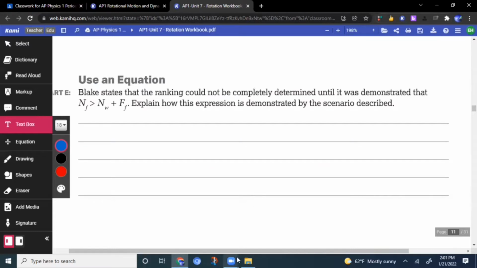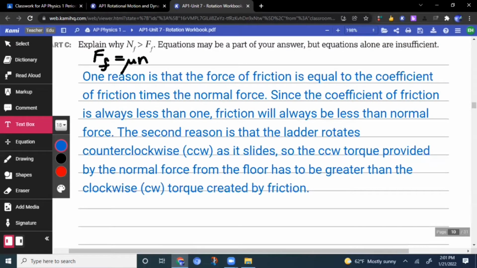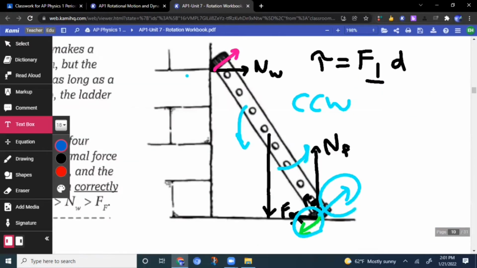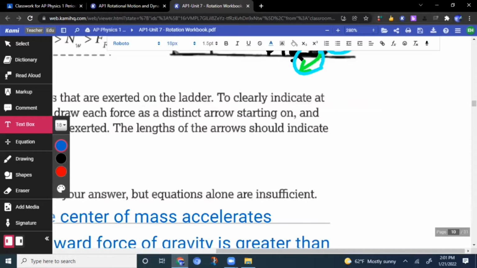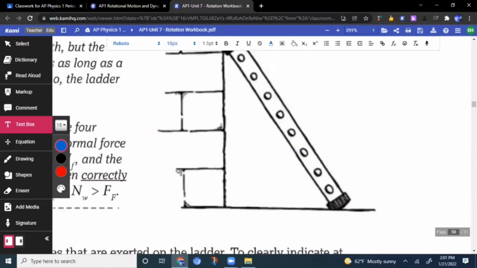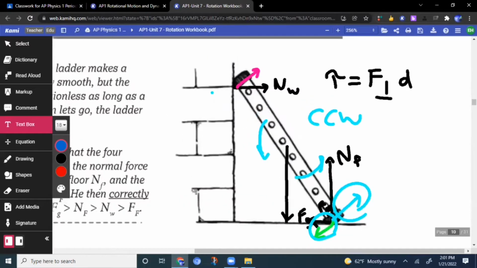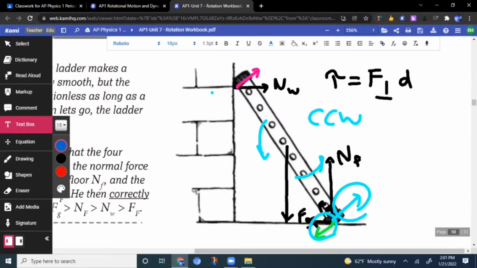Well, we're kind of there. Let's go back and take a look at it for a second. What we're really saying, I didn't quite draw it proportionally enough for you to be able to see it, but what we're basically saying is that the torque provided by this force, what direction is this torque?